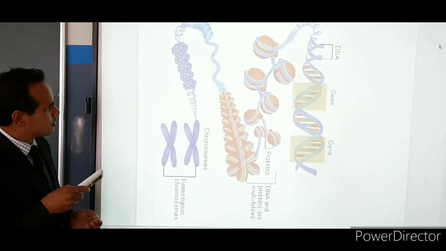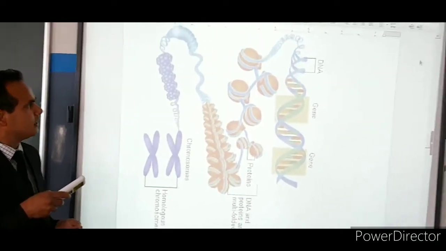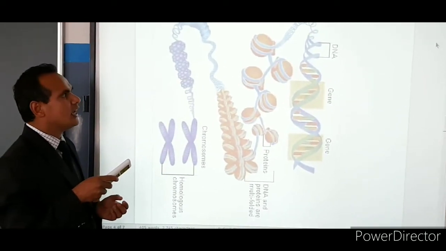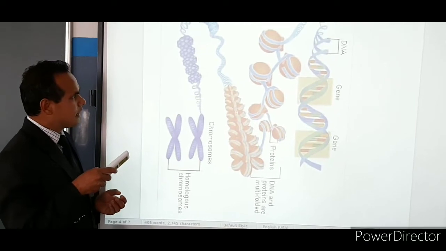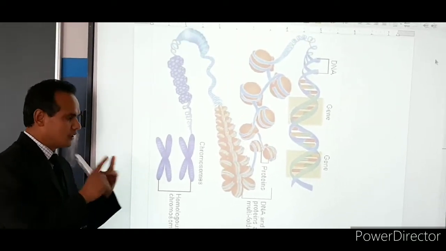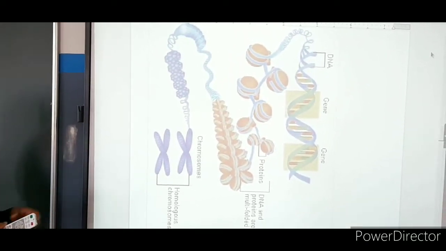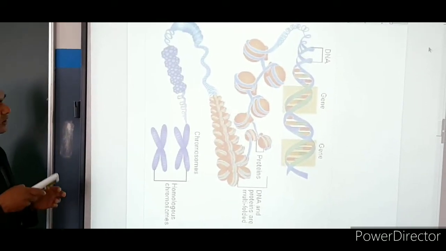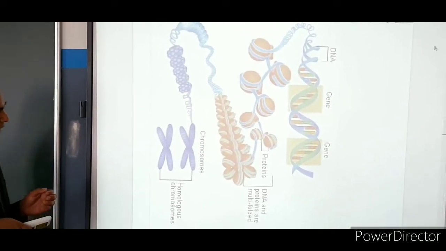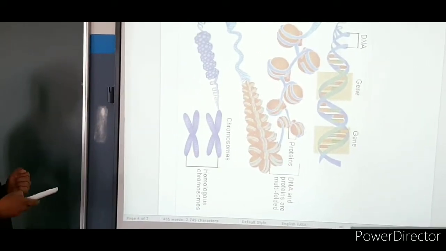So your chromatin fiber is made of 2 important substances. The histones have a positive charge, whereas the DNA has a negative charge. So the negative and positive charges stick together, they remain together in the form of nucleosomes. We'll discuss the nucleosomes in our classes here.